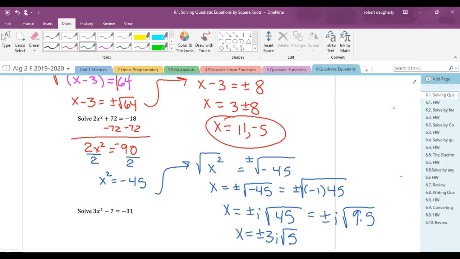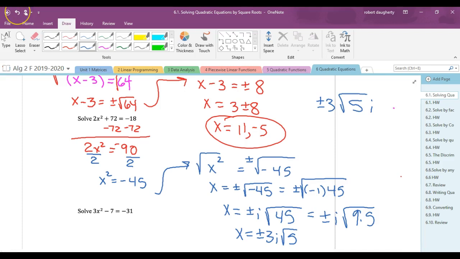So here's the deal. I like to put the i in front of the radical because if I had something like this, what's the danger in me writing it there? It's the same thing, but sometimes people are a little bit sloppy and I don't know, is the i under the radical?